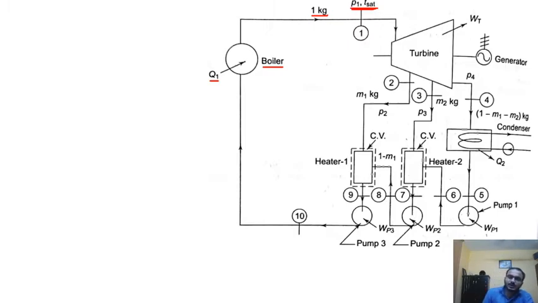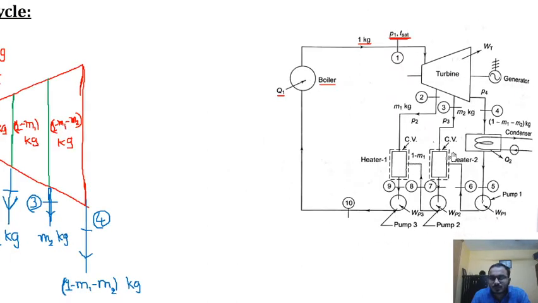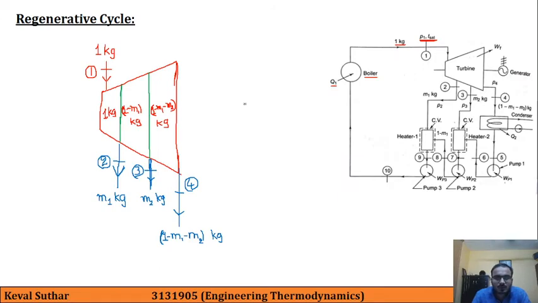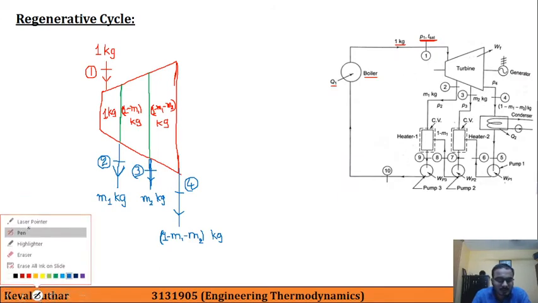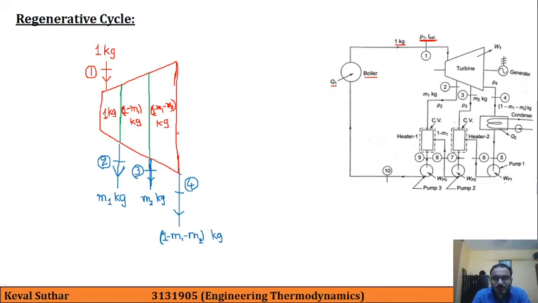So if you see carefully, then this m2 kg is also entering this heater, which is at pressure P3. So let's study this part of heater 2.